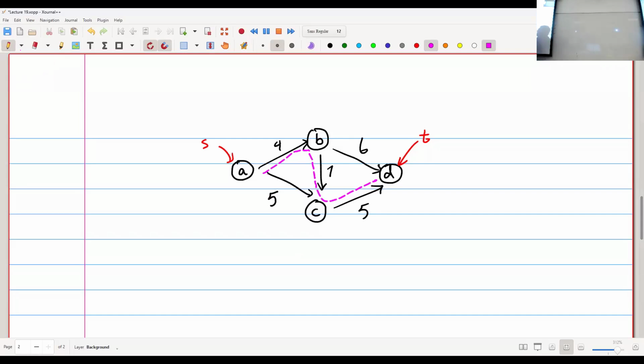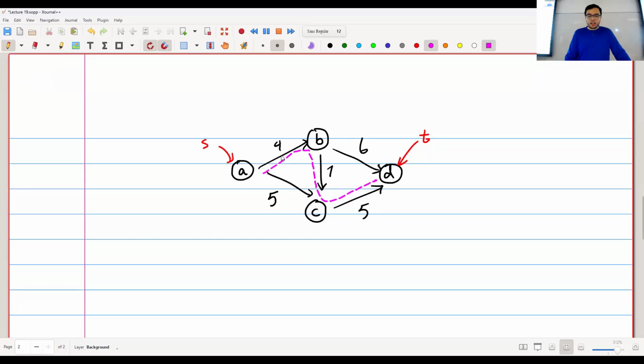Okay. So suppose I want to send some flow along this path. How much flow can I send? 1, right? Because this edge or pipe has capacity 4, this one has capacity 1, and this one has capacity 5. So you can only send the minimum of all the capacities.